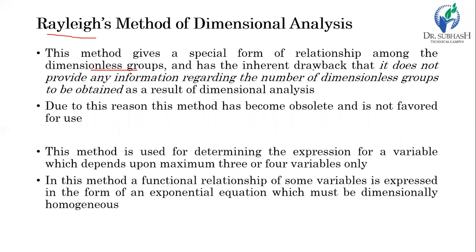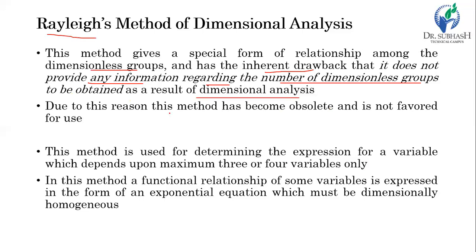It has one drawback also. It does not provide any information regarding the number of dimensionless groups. So how many dimensionless groups will enter or be incorporated in any equation or in any physical quantity? It cannot give you a clue about the relation between these to obtain a result of dimensional analysis.